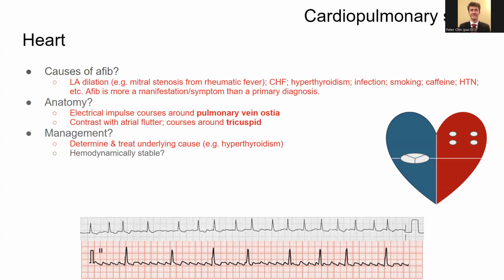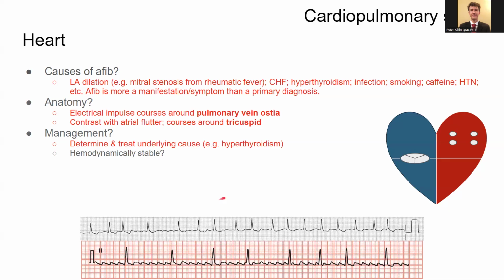My cutoff is 90 over 60. So if they're above 90 over 60, then they're probably stable. But if they're below 90 over 60, then I'm more likely to think that they're hemodynamically unstable, and that changes my management.